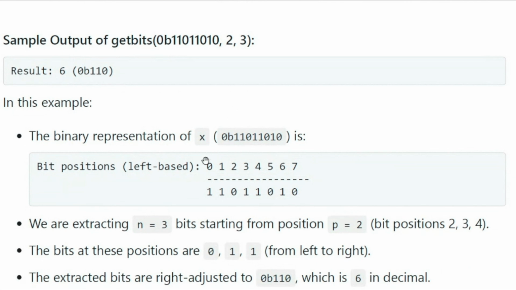Here I give you an explanation of what I mean by left-based counting, right? So instead of counting right to left, it's left to right now. So we want to keep those 3 bits at the end.